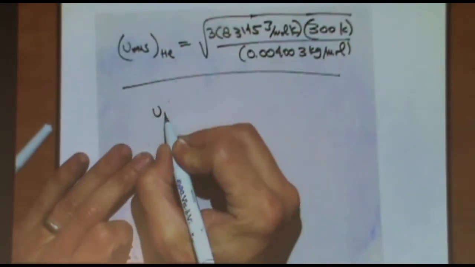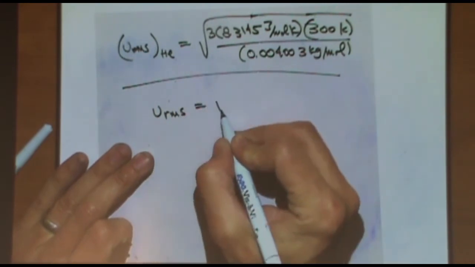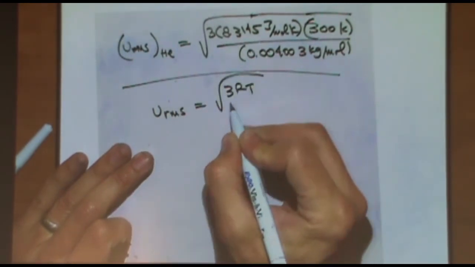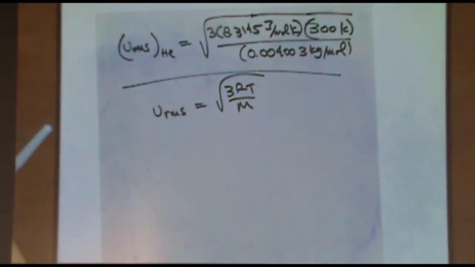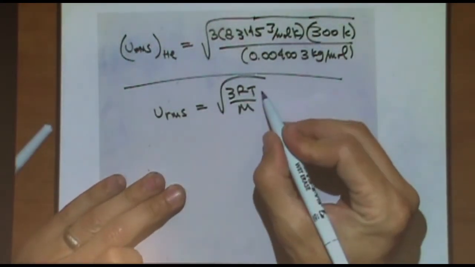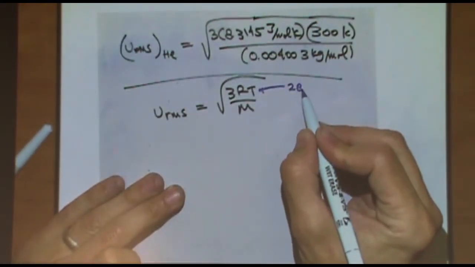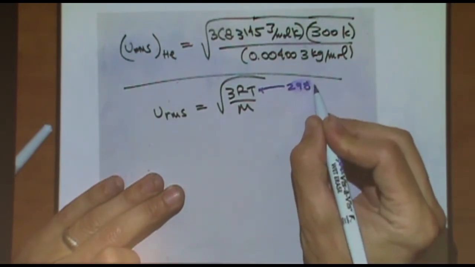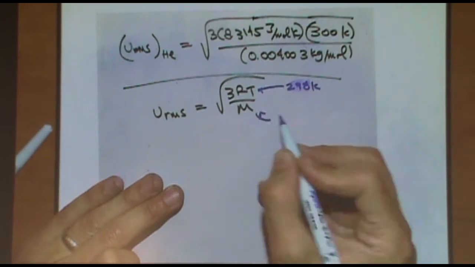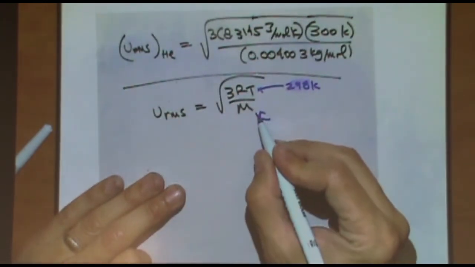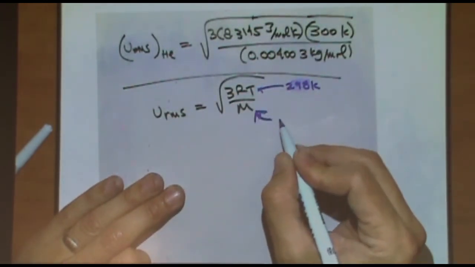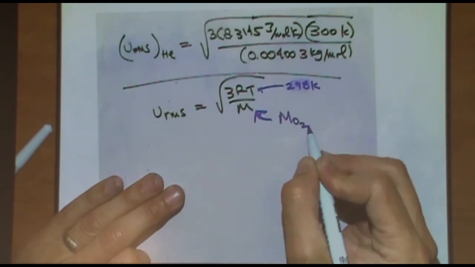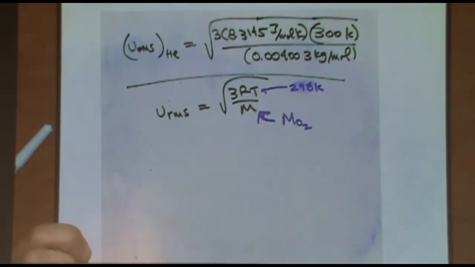Okay, so the root mean square velocity, sort of 3RT over M. In here, I would have put the 298, and the M, which would be the molar mass of oxygen, in kilograms per mole. Find the root mean square velocity.